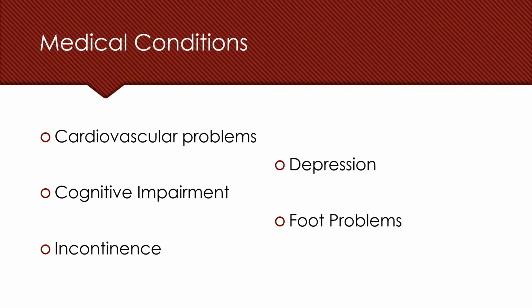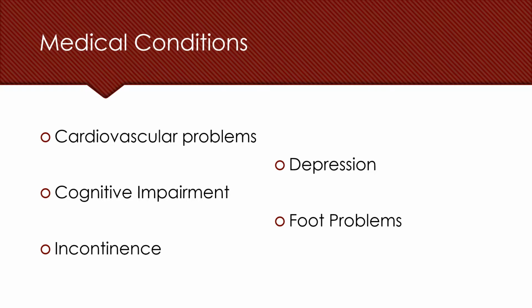The next medical condition is incontinence. So in a lot of cases, this is just rushing to get to the bathroom. Are they moving too quickly and their balance is not able to manage that? Are they moving so quickly they're forgetting to take their walker? Are there environmental hazards when they're getting to the bathroom and moving quickly? That sort of thing.